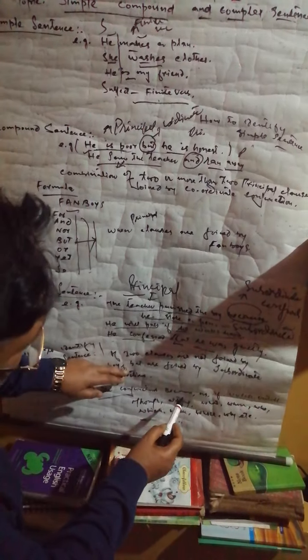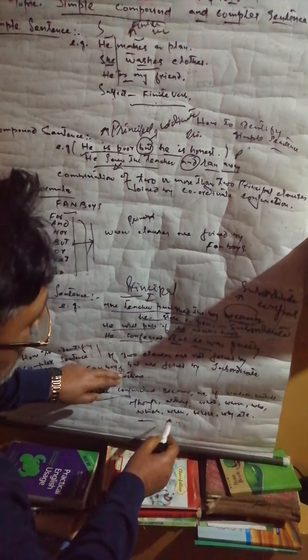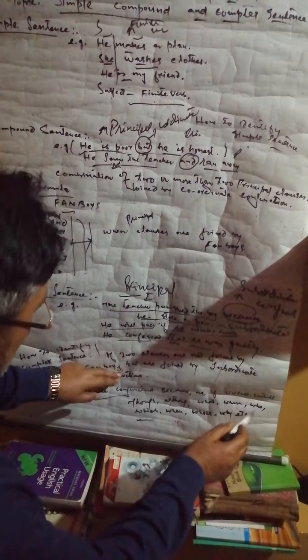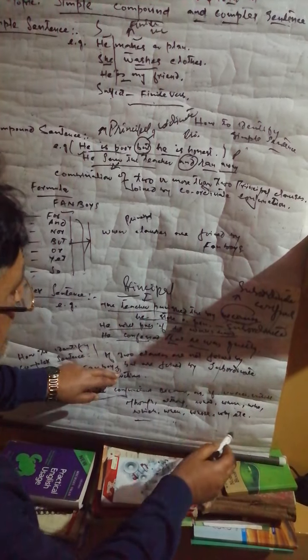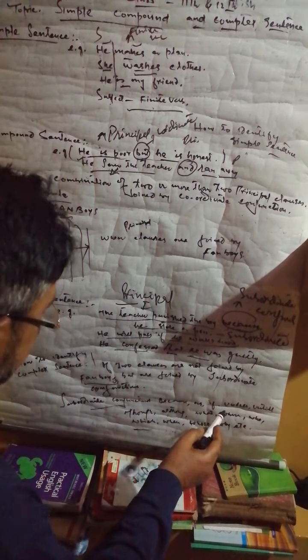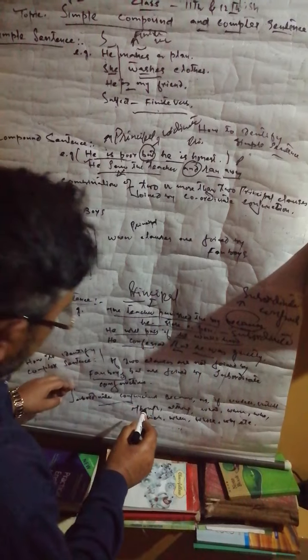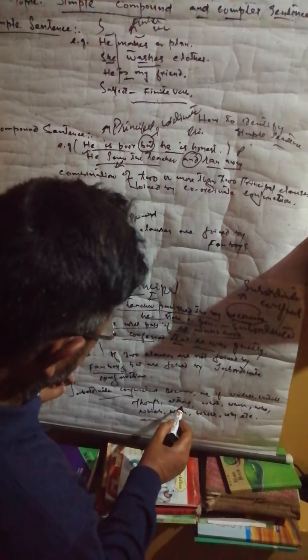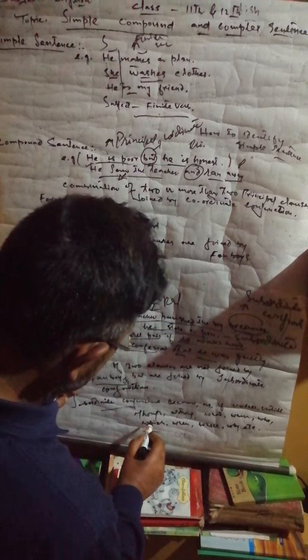What are the subordinate conjunctions? Because, as, if, unless, until, though, although, what, where, who, which, when, whose, whom, etc. There are so many subordinate conjunctions. When two clauses are joined by these subordinate conjunctions, we can say they are complex sentences.